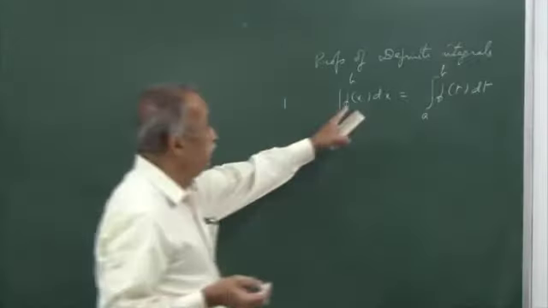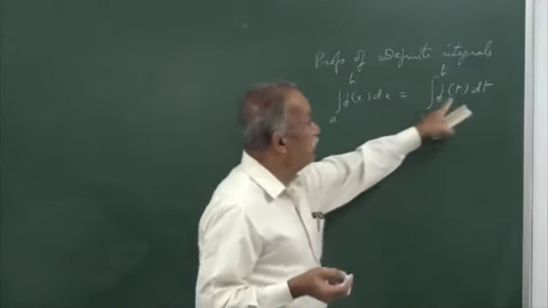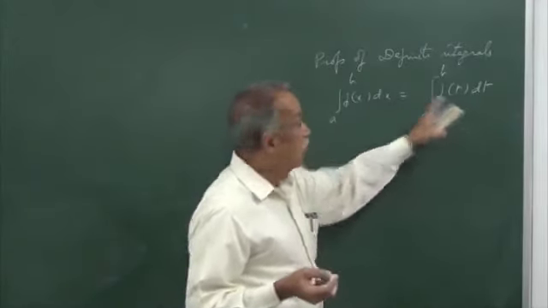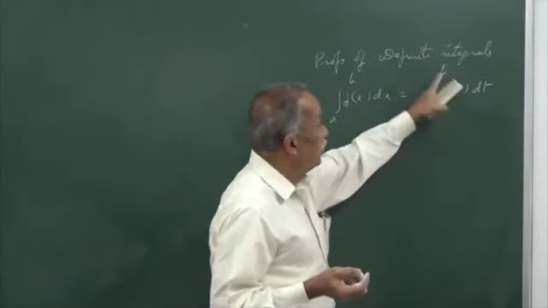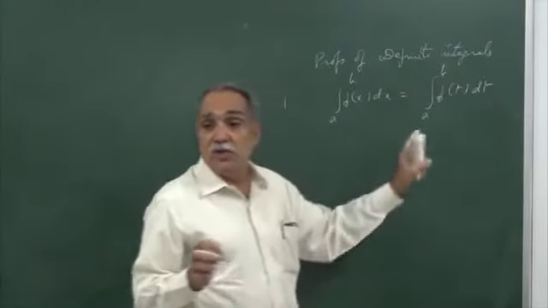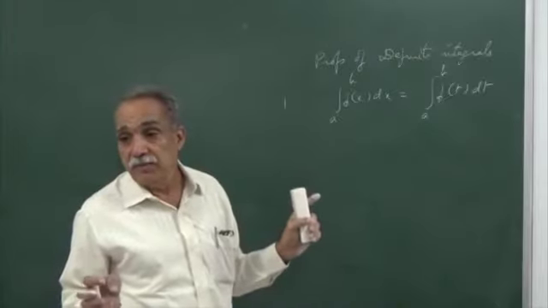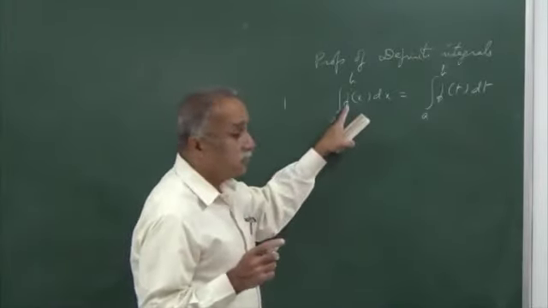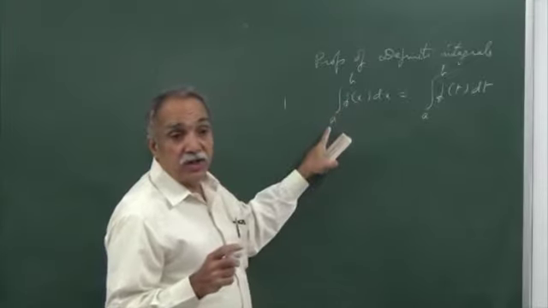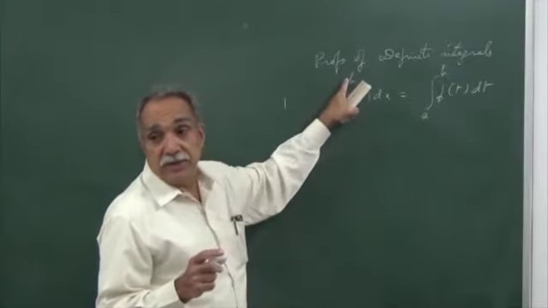Whether you are integrating f of x with respect to x or f of t with respect to t, as long as the function is the same, lower limits are equal, upper limits are equal, value is going to remain the same. Value is dependent only on three things: the form of the function, the size of the lower limit, the size of the upper limit.